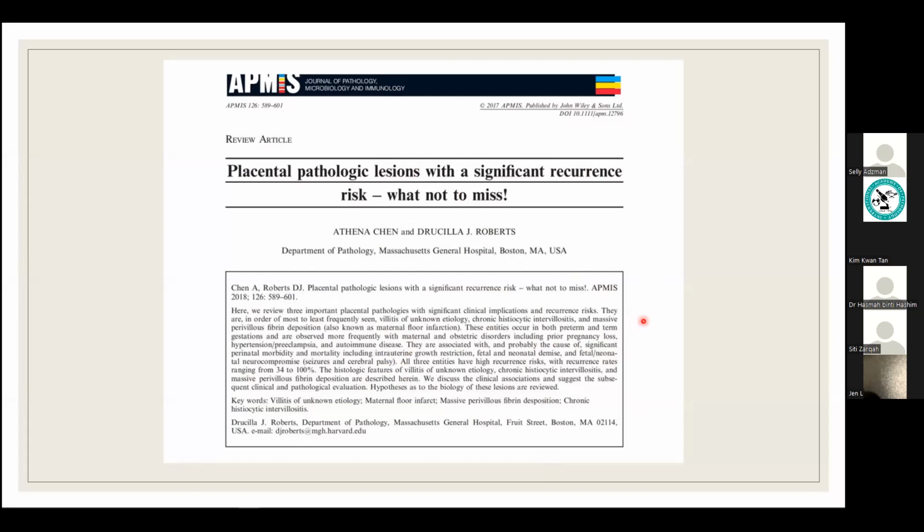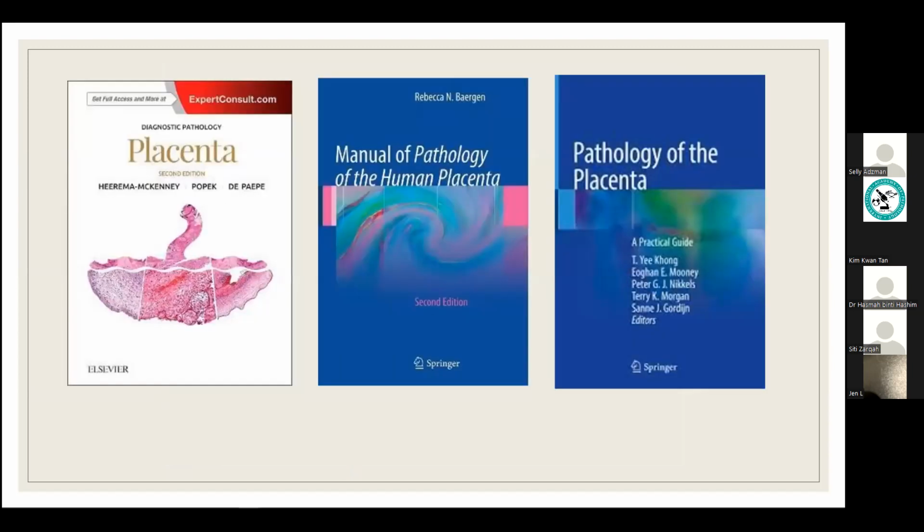They discuss VUE, maternal floor infarction and massive perivillous fibrin deposition, and chronic histiocytic intervillositis. So I think this paper will just give you an idea. Then with the current papers, we will have updates of these 3 lesions, and then the other textbooks that you can refer to.